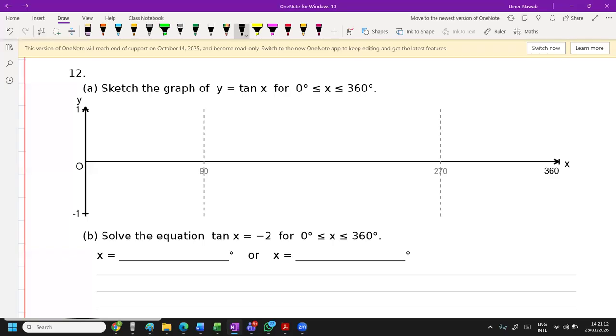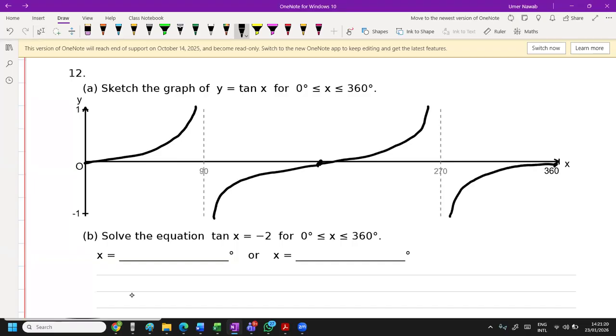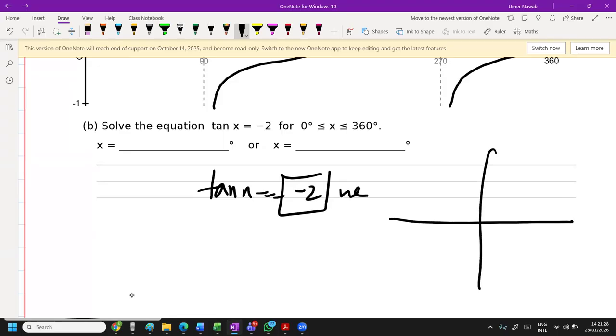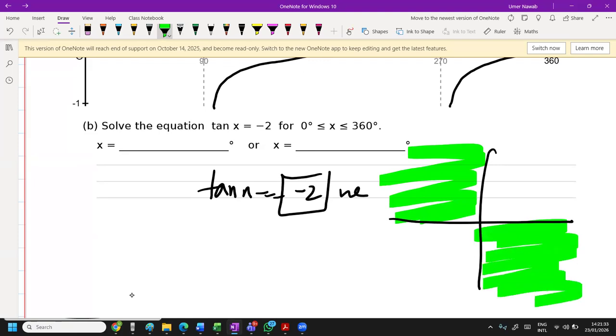Next tan, 180. Tan of x is equal to negative 2. So negative means tan is negative, according to ASTC, in these quadrants. ASTC shows you the tan is negative in second and fourth quadrant.